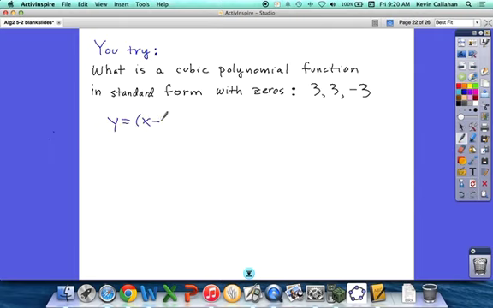It'll be x minus 3, x minus 3, x plus 3. Right, so put that on the y equals. Go to the table of values. We're making a cubic, so how many points do we need? 4. Grab 4 points. Write them down on a piece of paper somewhere. Put them under stat edit. Find your cubic model. While you do that, I'm going to do it the long way, okay?